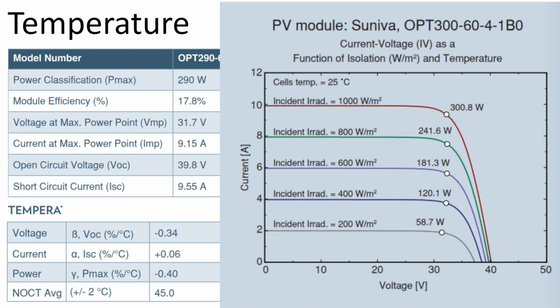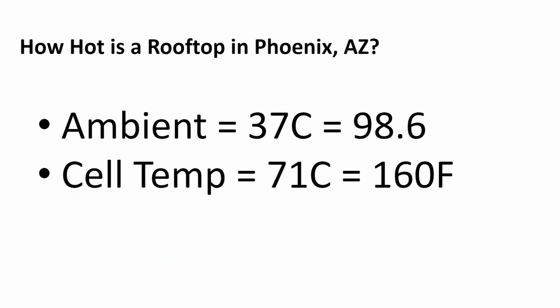And so what we can see from the previous slide, you can easily, especially in your hotter climates, get substantially above 25 degrees Celsius when it comes to the panel temperature on the rooftop. And so to say, well, what's the performance loss between the two? We look at a 25 degrees Celsius rating compared to a 70 degrees Celsius rating.